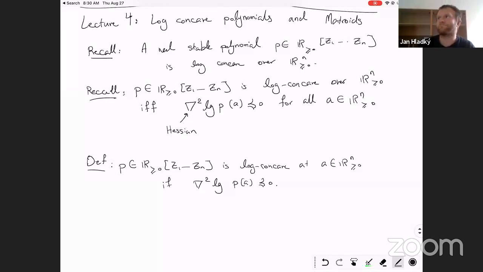So in these last two lectures, we're going to switch gears and talk about a different class of polynomials called log concave polynomials.